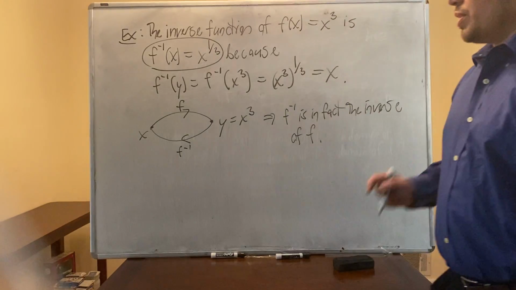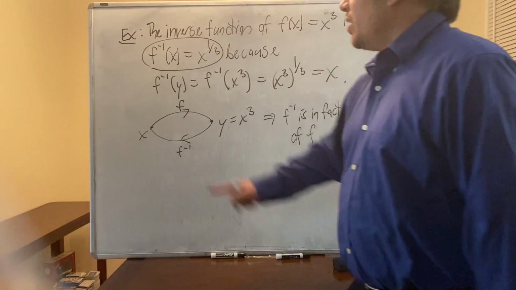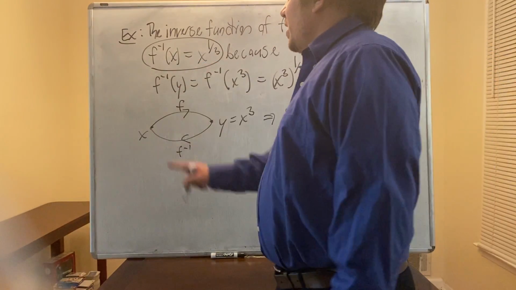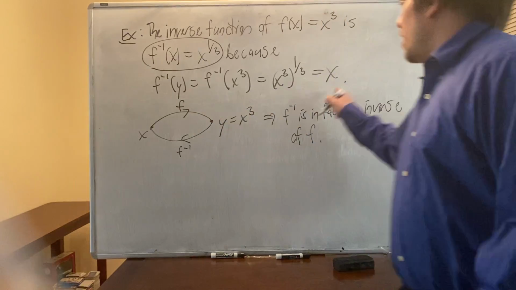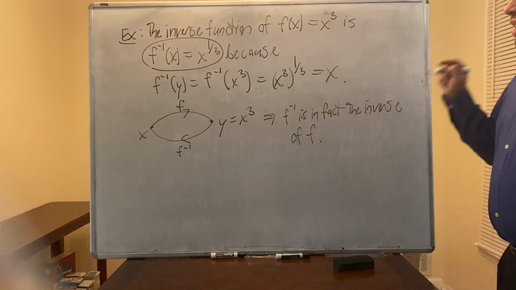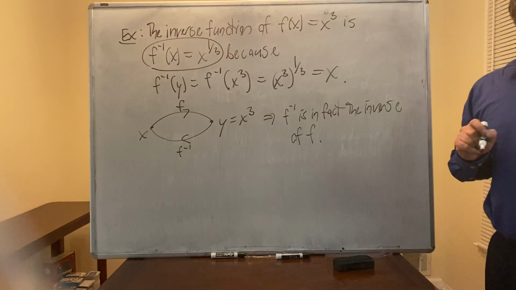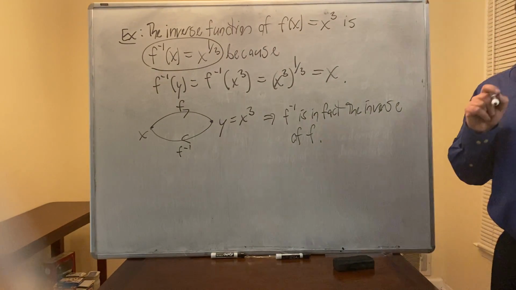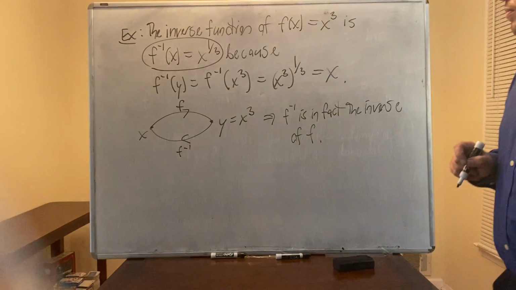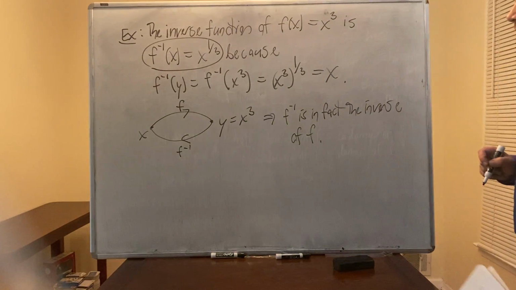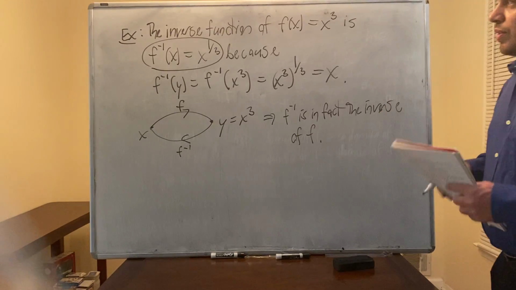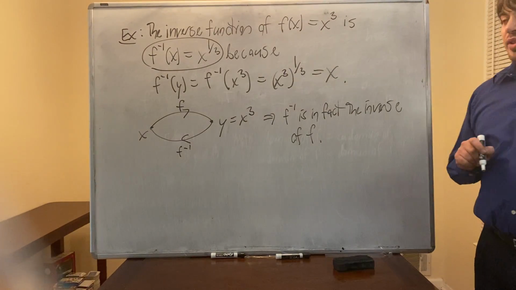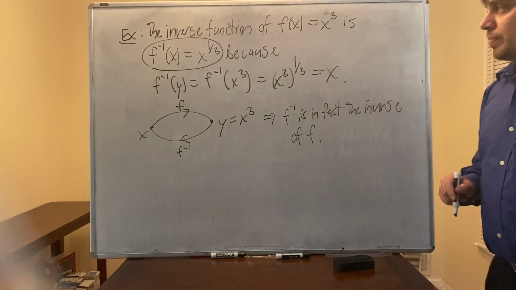Since the f inverse we defined satisfies the relationship that f inverse of y equals x, then f inverse is in fact the inverse of f. It's not just a function we named f inverse, it is in fact the inverse of that f. Make sense? Just saying a function is the inverse of a function doesn't make it an inverse. You have to justify it, and that's how you do it.